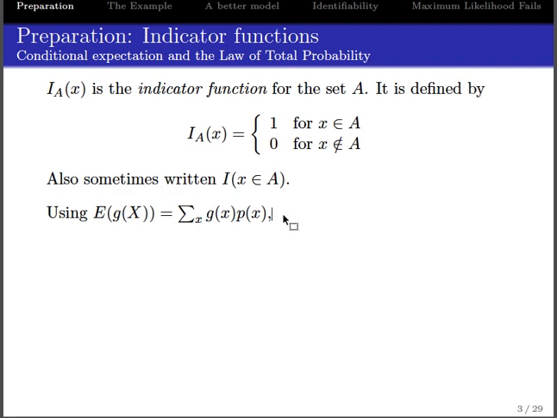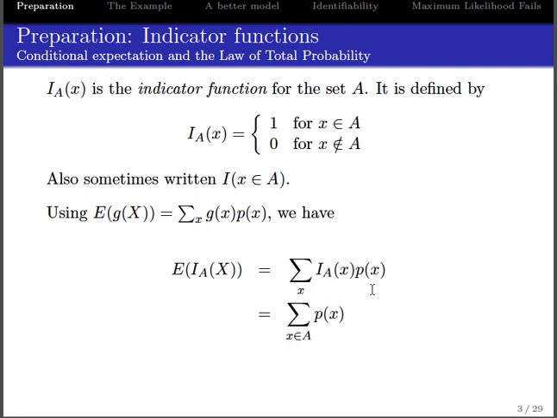This is a big theorem called the change of variables formula. So using that, you have the expected value of the indicator function for the set A, which is just a g of x, right? Equal to the sum of g of x against the probability of x.